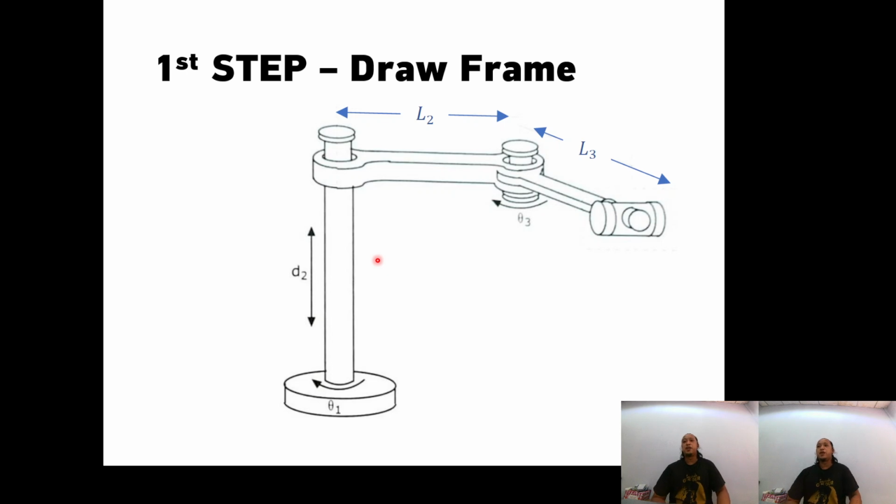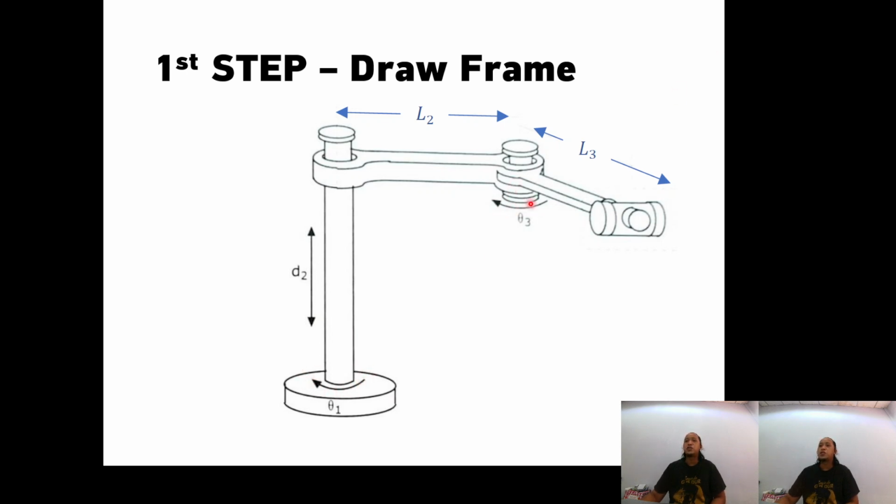The first step, this is the exercise that we are going to analyze. I think there is something wrong with this one, because if the axis of the motor is going upward and we are using the right-hand rule, the direction of theta should be reversed compared to this one.